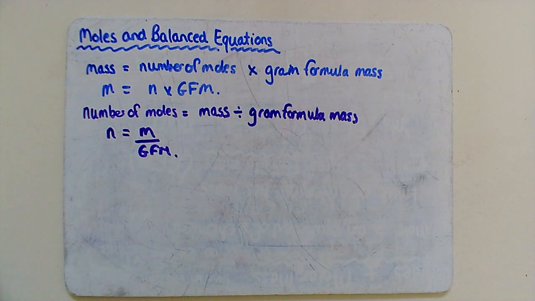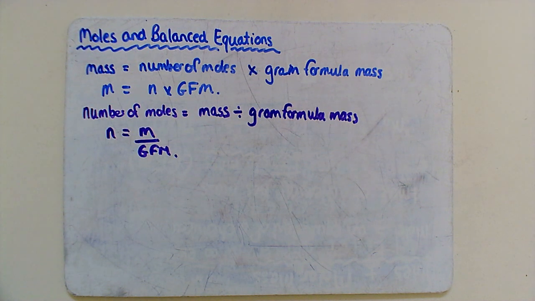But chemistry rarely looks at just one chemical at once, and we're more likely to have a chemical equation. And in a chemical equation, you're going to need to know how many equivalents of one chemical are needed for every equivalent of another chemical.